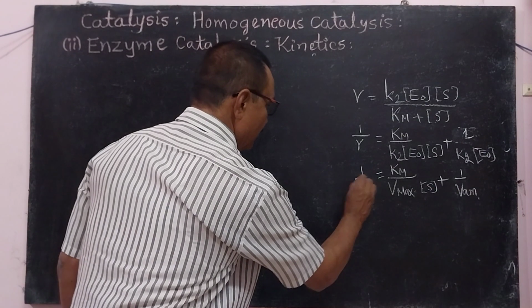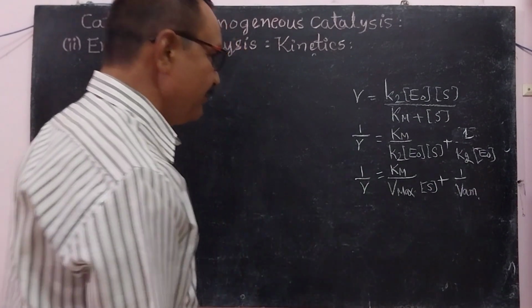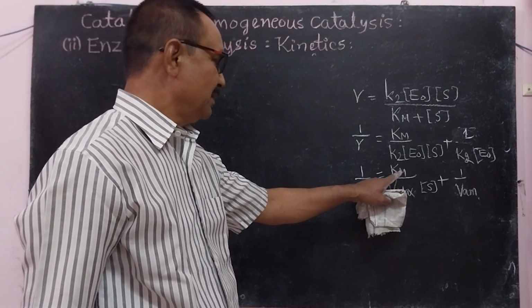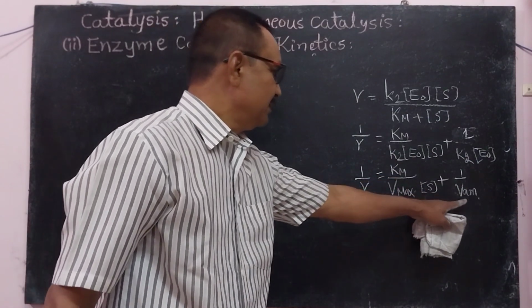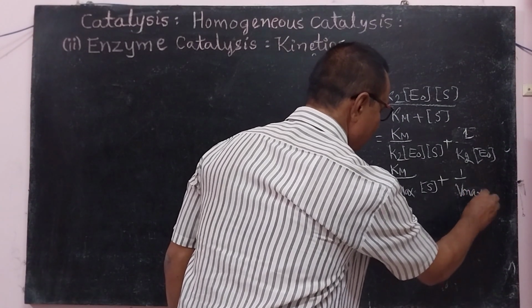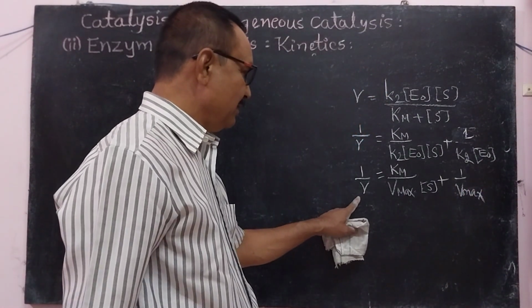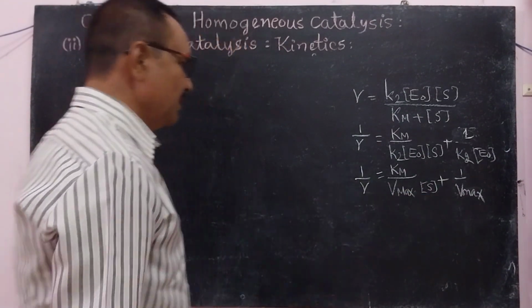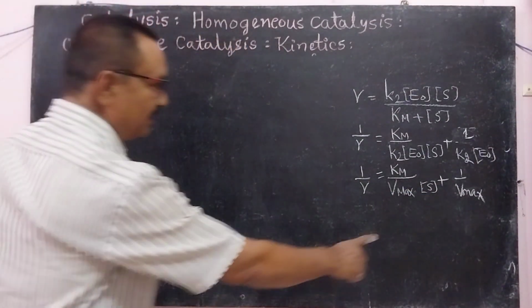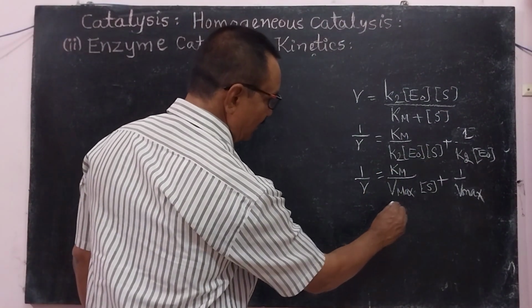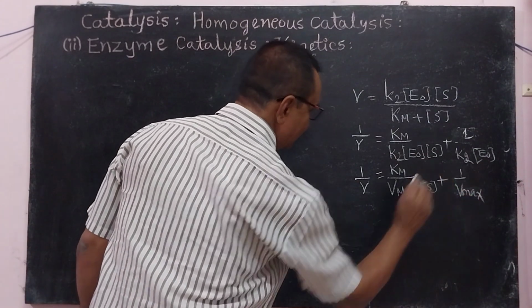Now, what are the variables in this equation? Vmax is constant, Km is constant, and R and S are variable. It is similar to the equation of a straight line, y equal to mx plus c.